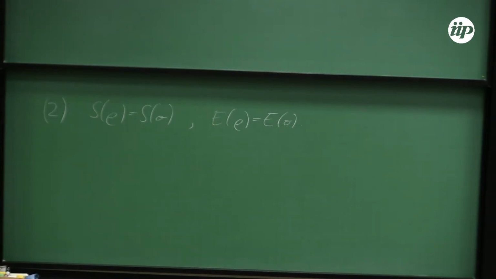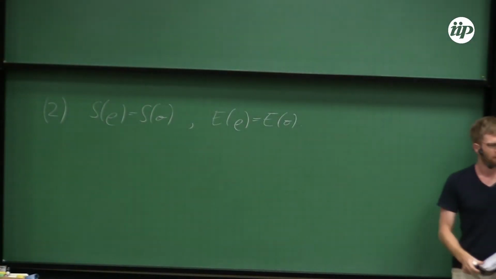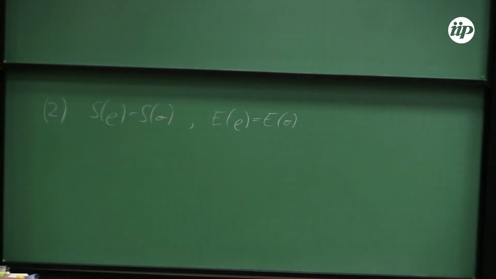So this still allows a lot, but you're still subject to these constraints. These are the obvious constraints: when you assume this and you try to bound the energy or entropy of rho in terms of the one of sigma, you'll find that they must be equal.